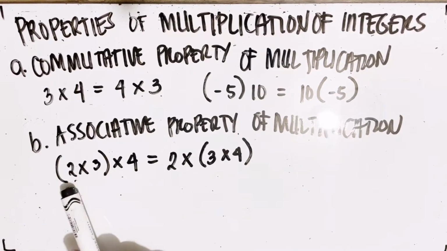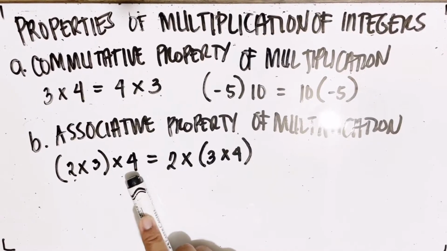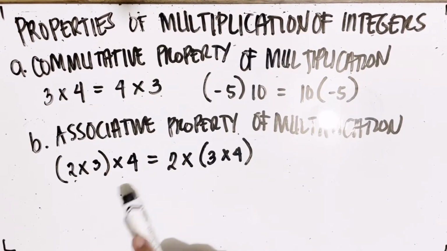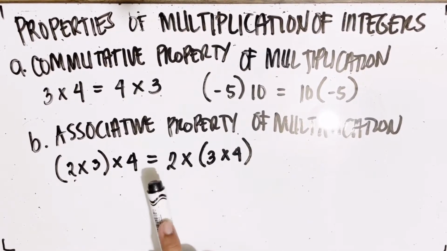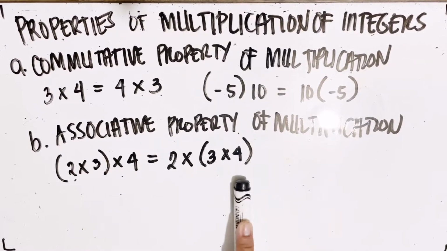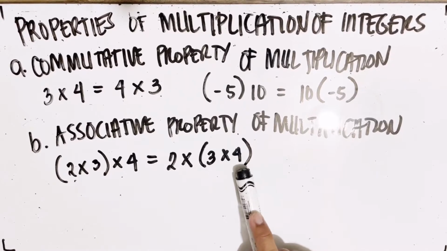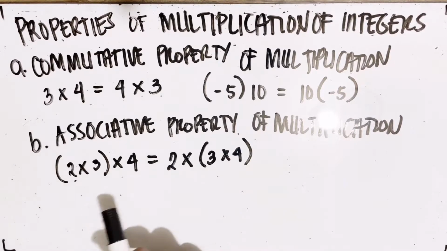Let's see. 2 times 3 is 6. 6 times 4 is 24. So 24 is the product on the left side. Let's see if the result on the right side is 24. 3 times 4 is 12. 12 times 2 is 24. So the result is still the same.